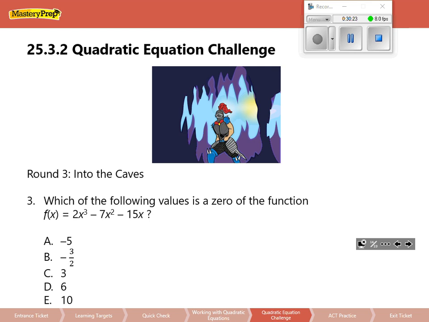One of the values that we do know works is 0. Because if I plug 0 into this, 2x cubed would be 0, 7x squared would be 0, negative 15x would be 0. It would zero all of those out. Do we have anything left over after plugging 0 in? Well, no. So 0 does work.